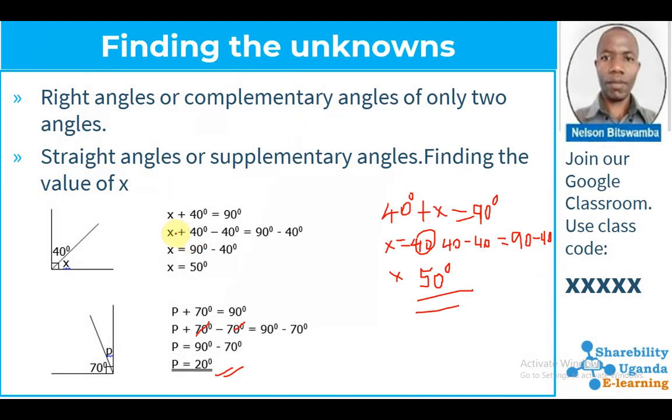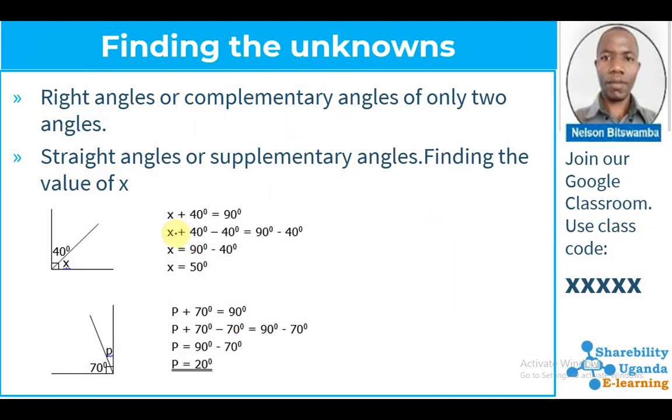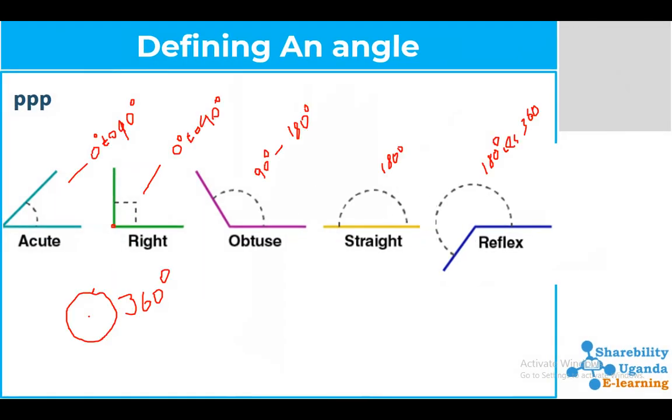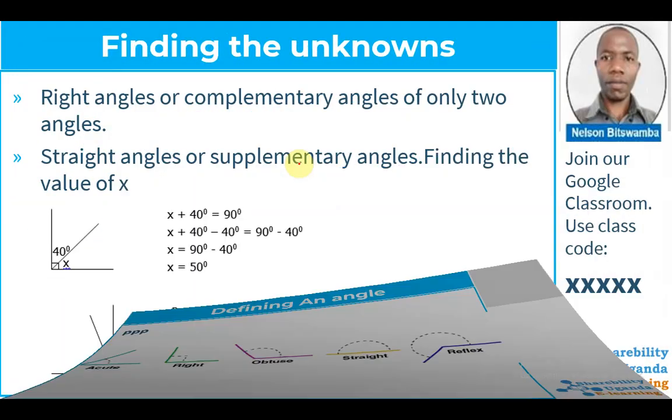So we shall look at which category the angle lies in. Is it an obtuse angle, does it lie in the straight angles, the reflex angles, or the acute angles? We shall see where that angle lies, such that we can equate it to the right angle. Okay, let's see where this angle lies.